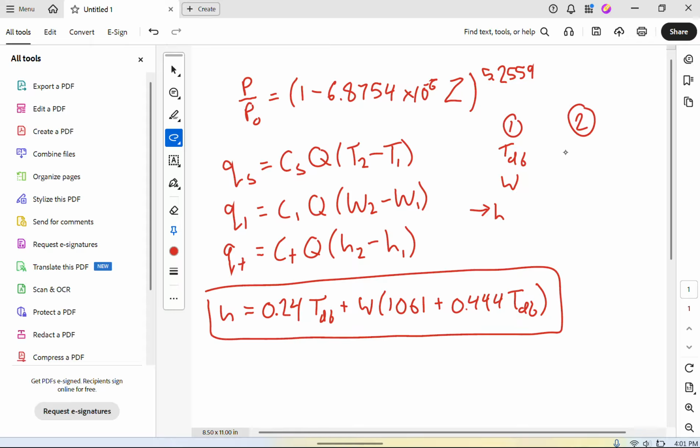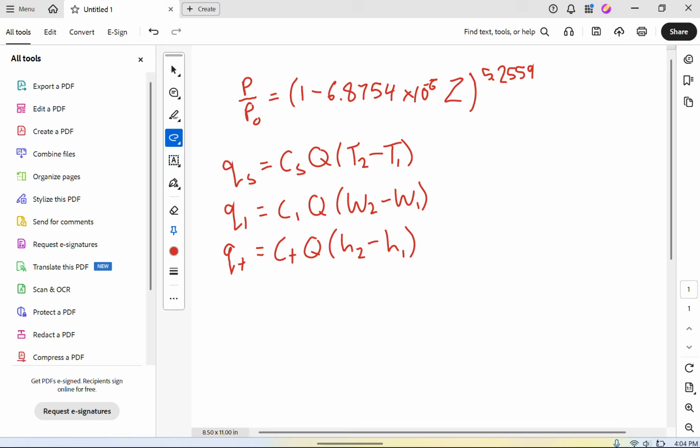And if you had your state 2, and let's say you knew your humidity ratio and enthalpy, you would be able to deduce your dry bulb temperature. In either case, you don't even need to go to those steps. In either case, you can determine all three of QS, QL, and QT. So all your total heat transfer values, so your cooling power and your heating power, can be known based on entering and leaving air states through your air handling unit.